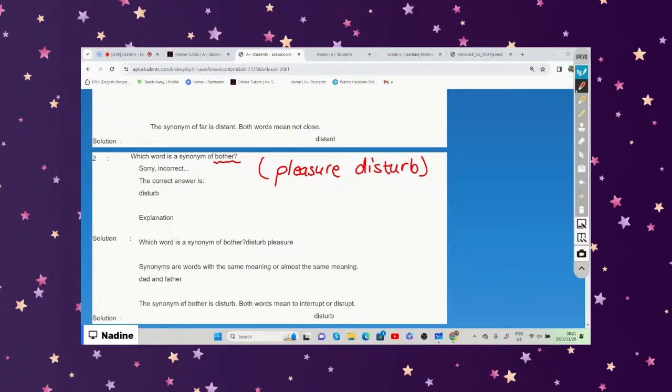Is it the pleasure of bothering someone or being bothered? Or are they disturbing you if you are being bothered? So, words that are the same or similar in meaning to bother. Is it pleasure or is it disturb?